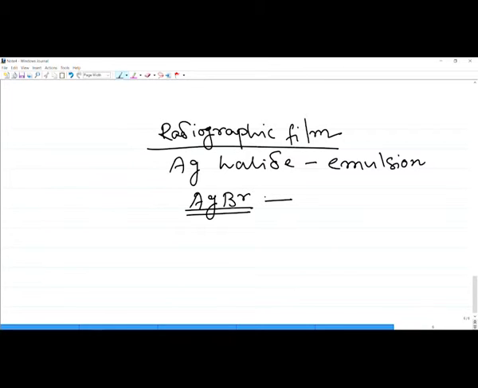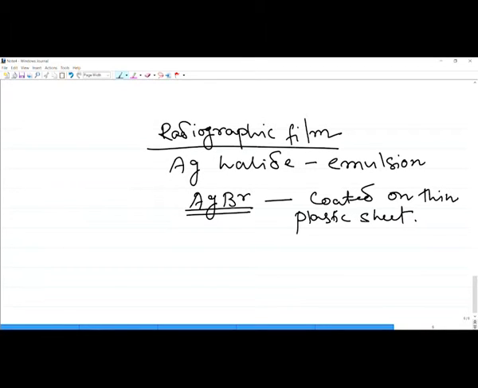This emulsion is coated on a thin plastic sheet, and that is what you see as this film, a thin plastic sheet, which most of the time appears dark to us, because by the time we see it, it is already darkened.